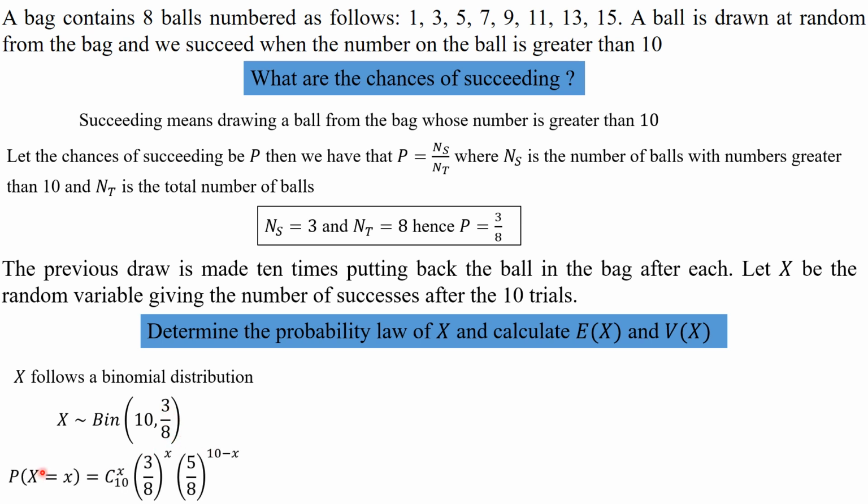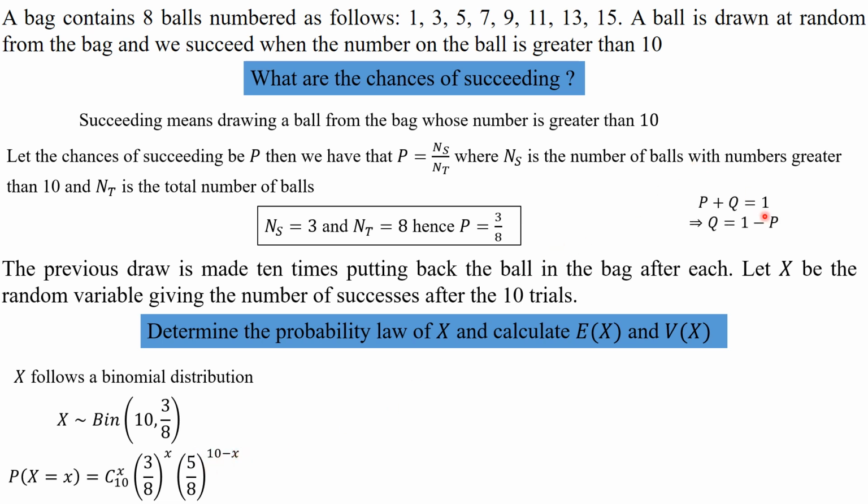So the probability law, the probability of X equal to small x, is equal to 10 combination x, times the chances of succeeding raised to the power x, which is 3 on 8, and then the chances of failing raised to the power n minus x, 10 minus x.